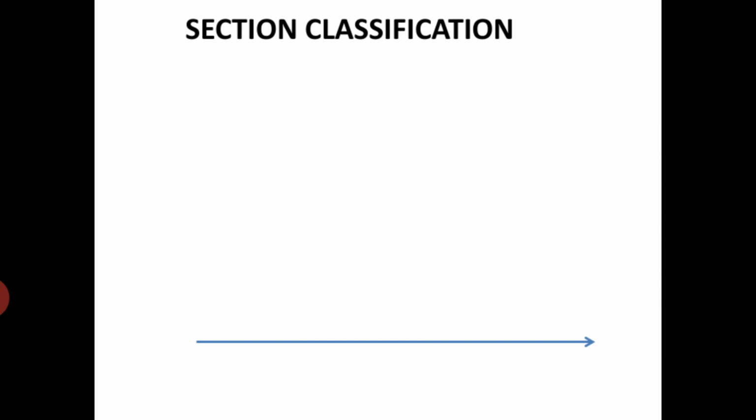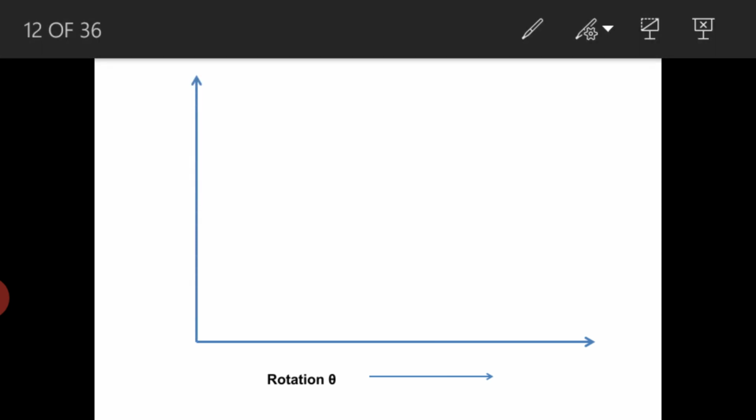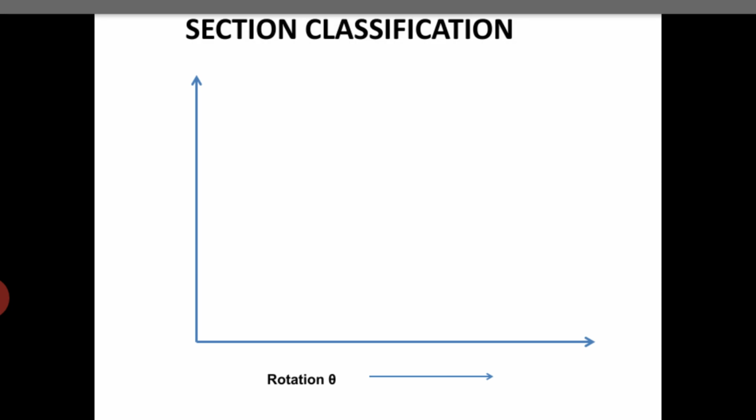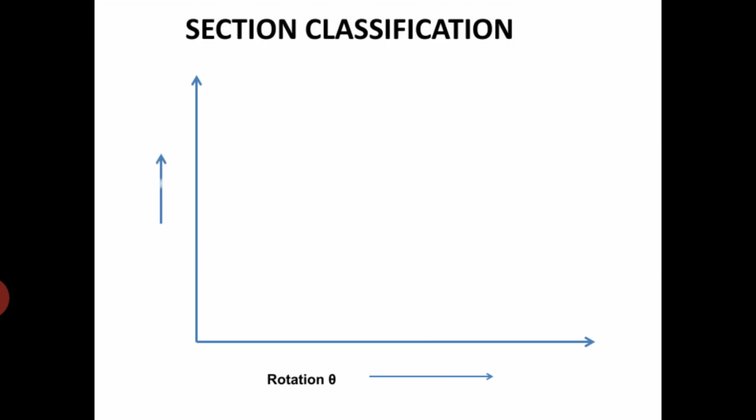The x-axis represents the rotation theta. Draw the x-axis, rotation theta, and next draw the y-axis, moment. So here it has been drawn. Along the y-axis the moment is being plotted, along the x-axis the rotation is being plotted.